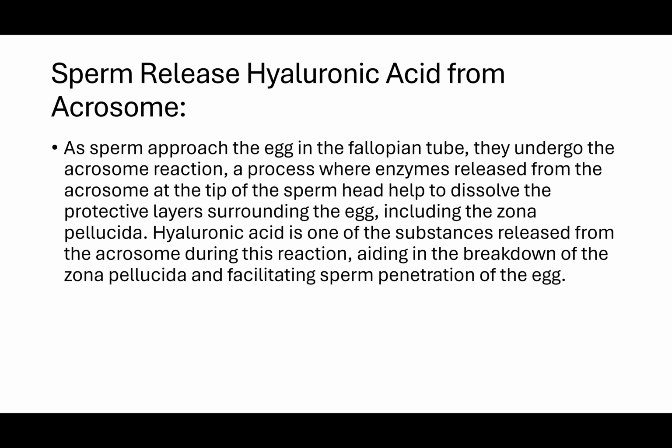Now, there's one thing to note: the egg knows what it's doing. After the sperm penetrates, the zona pellucida gets much harder, so that it prevents polyspermy, that is, multiple sperm from entering. After one enters, the egg closes off.